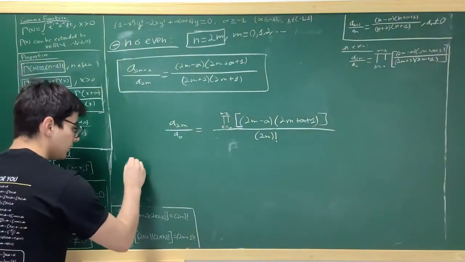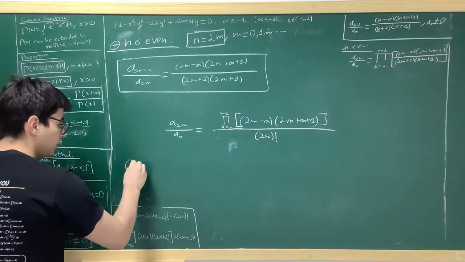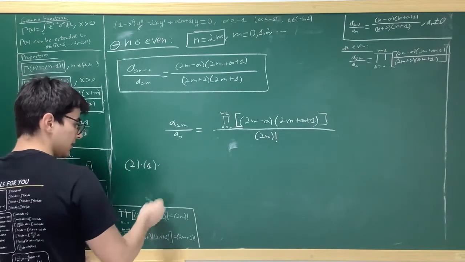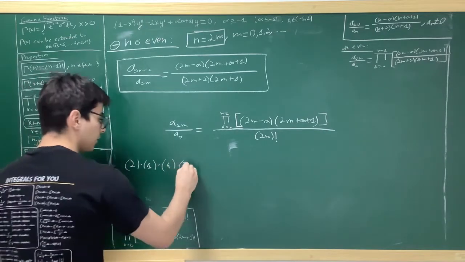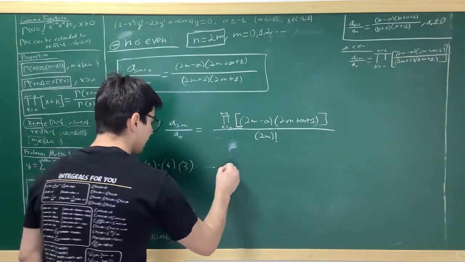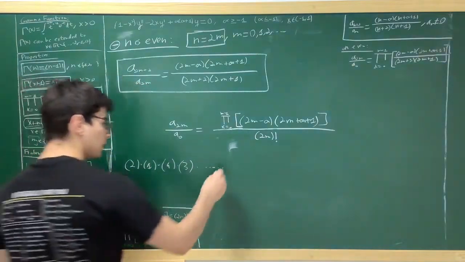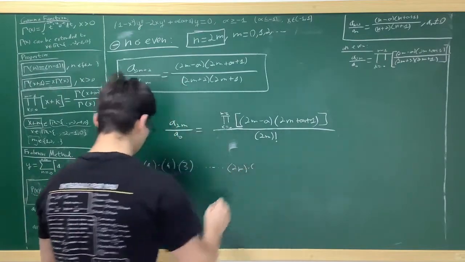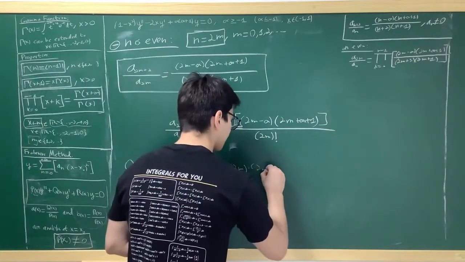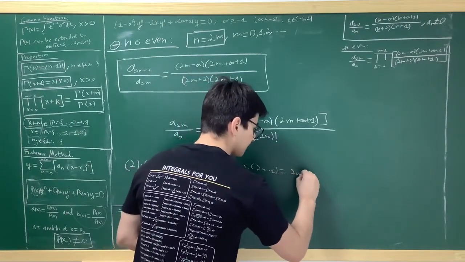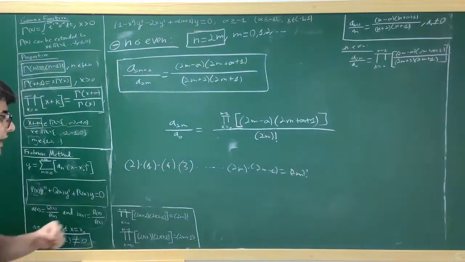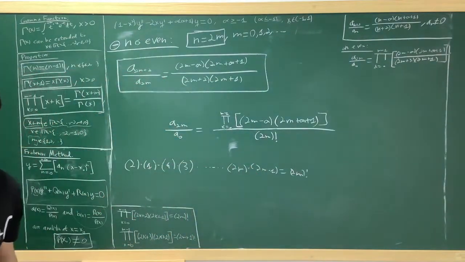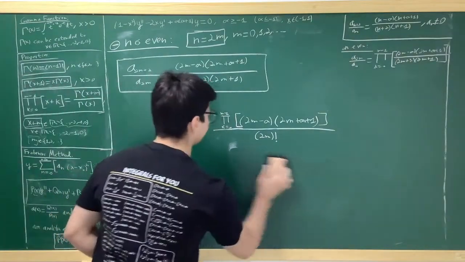For k equals 0, we get 2 times 1, for k equals 1, we get 4 times 3, and so on, and for k equals n minus 1, we get 2n times 2n minus 1. Reorganizing, 1 times 2, 3 times 4, and so on, 2n minus 1 times 2n. This is 2n factorial. So that's it.